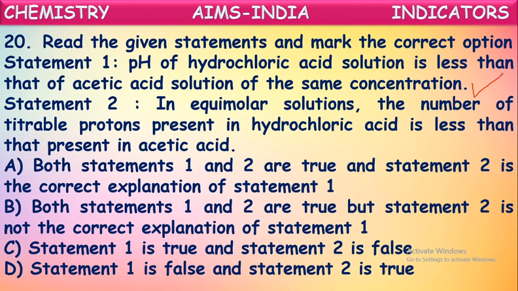Is it true? No. Hydrochloric acid is a stronger acid, so it can produce more H+ ions than acetic acid. Acetic acid is a weak acid and produces a lower concentration of H+ ions. So it is given in the reverse way, and it is a wrong statement. Now which is the correct answer? Statement 1 is correct, statement 2 is false.